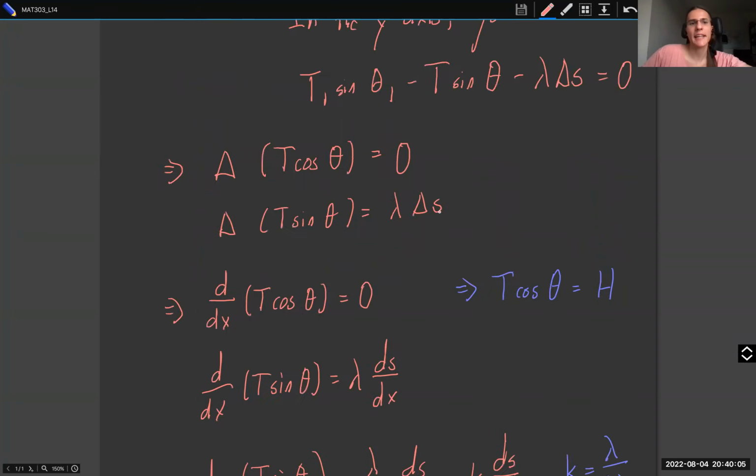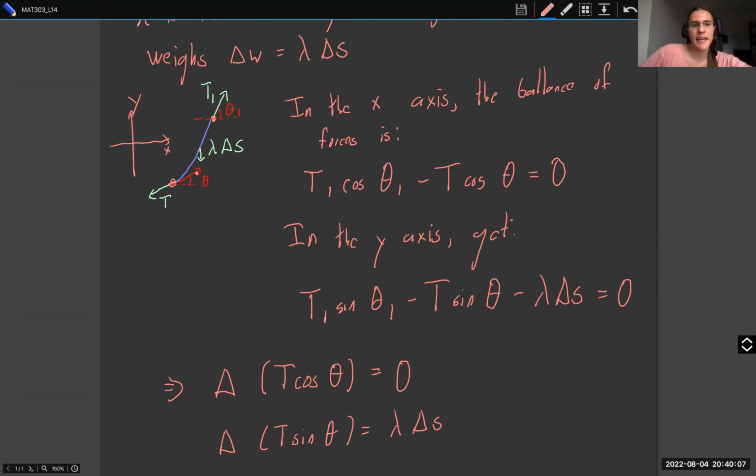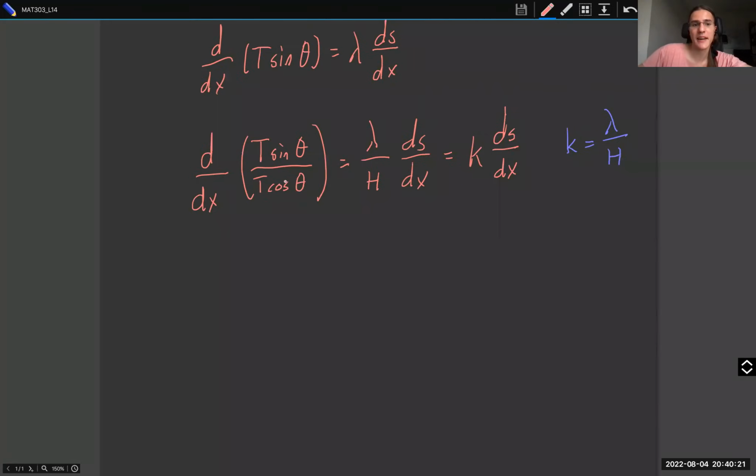But let's think about what tan theta is. Tan theta is exactly this rise over this run, which is going to be the slope of the curve. So tan theta at a given point is going to equal dy dx. Let's also think about what ds is.